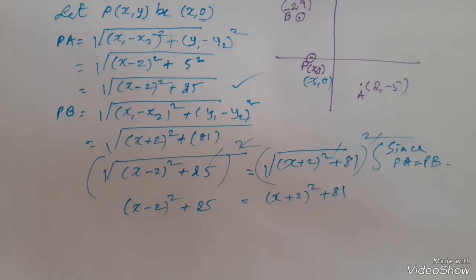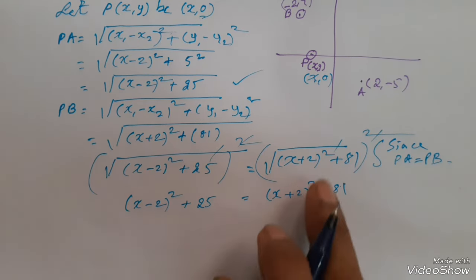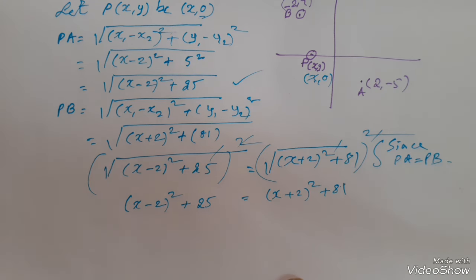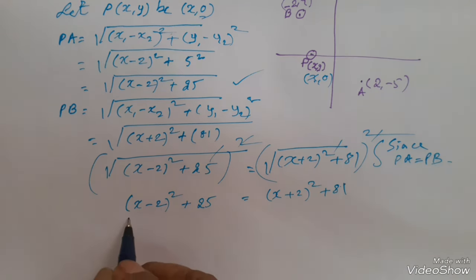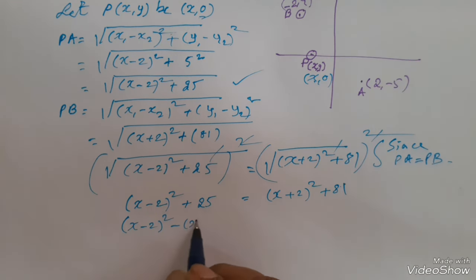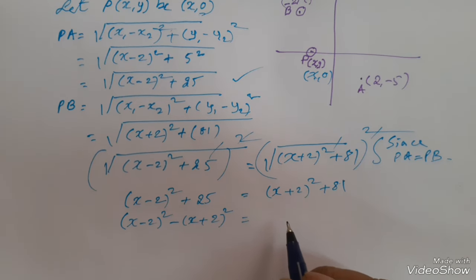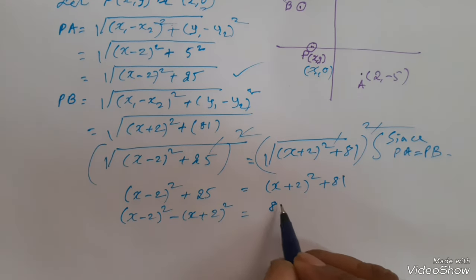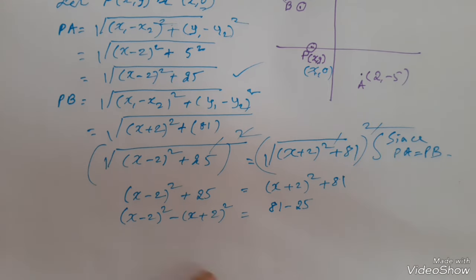One way, you can expand in the form of (a minus b) whole square or (a plus b) whole square. And another way, (x plus 2) whole square, you write this side first: (x minus 2) whole square minus (x plus 2) whole square equal to, and this side you write 81 minus 25. So here we can apply the a square minus b square formula.